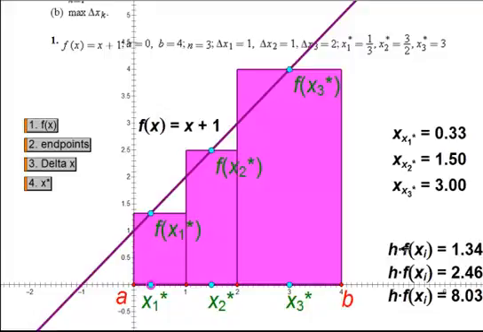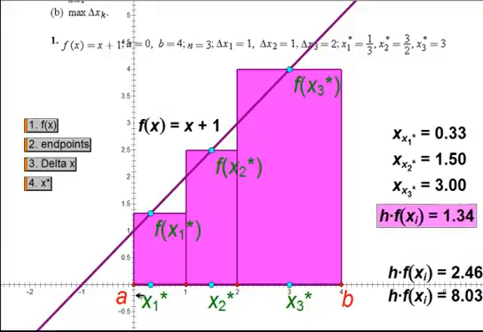So the height of the first rectangle is 1/3 plus 1, which is 4/3, times 1, which is the width. So it's 1 times 1 plus 1/3.